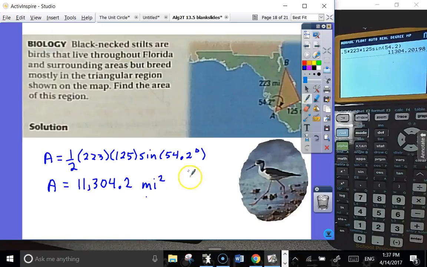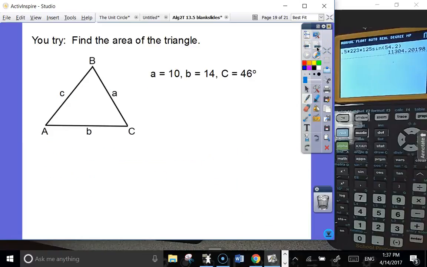You know, try this one. This is your you try. Find the area of that triangle.